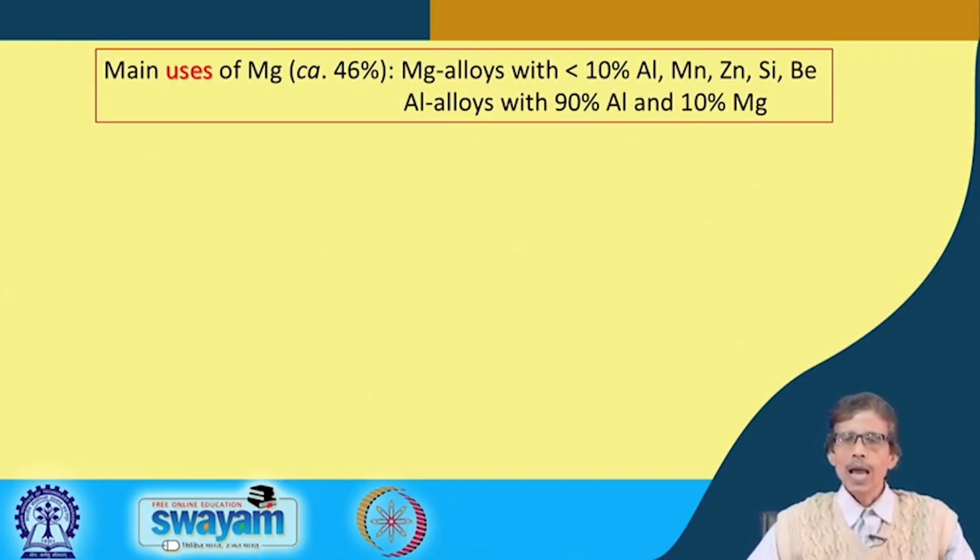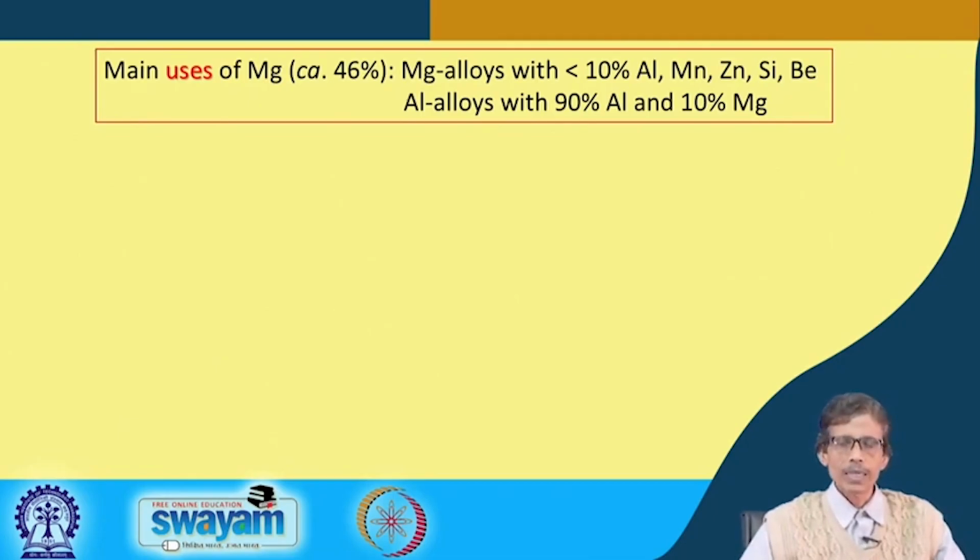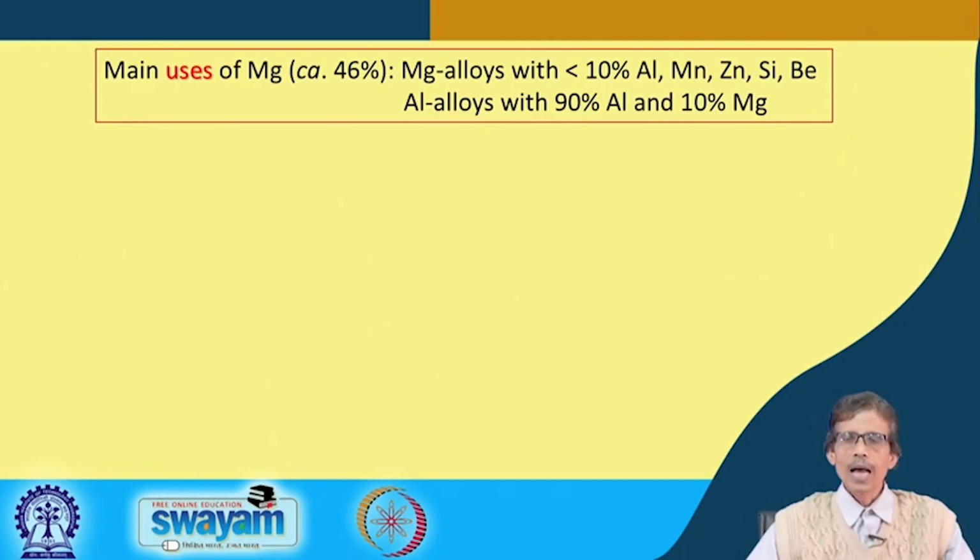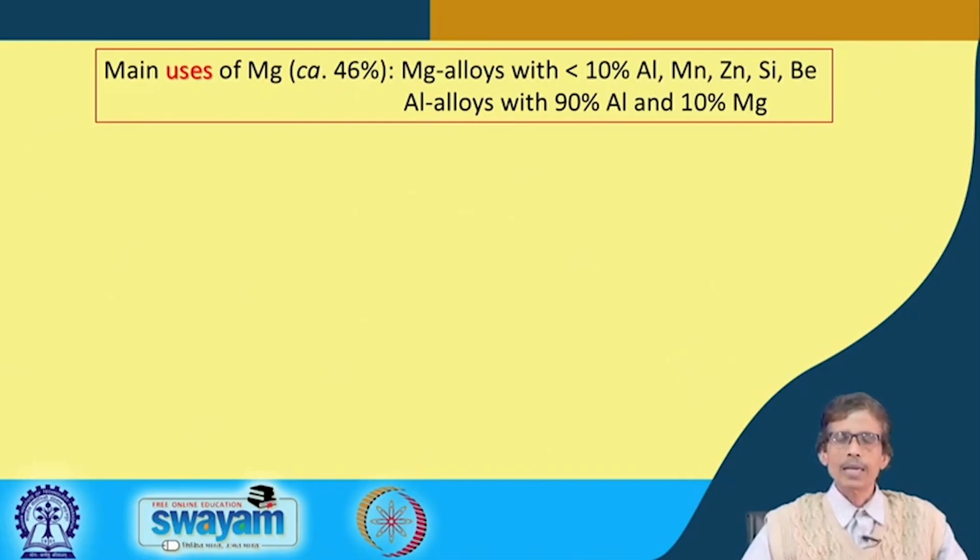One is known as the magnesium bearing alloys, and the other is a completely different one where you have aluminum as the major component. Magnesium alloys are classified as having 10% or even less than 10% composition from other elements like aluminum, manganese, zinc, silicon and beryllium.